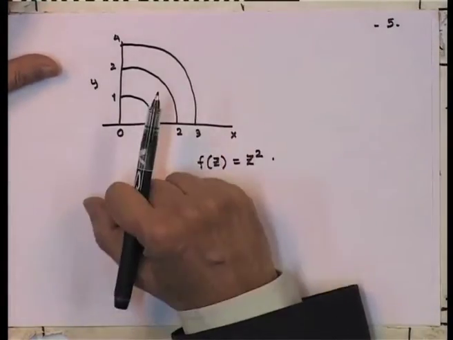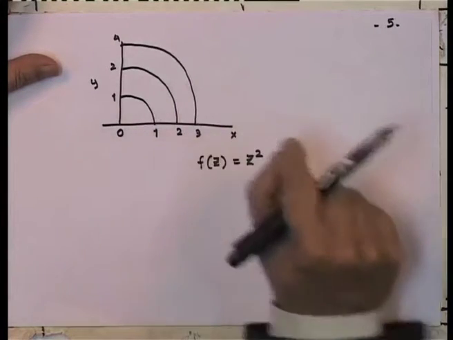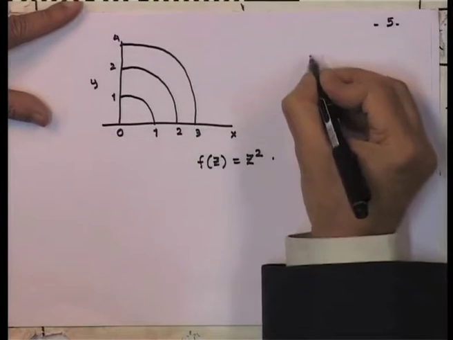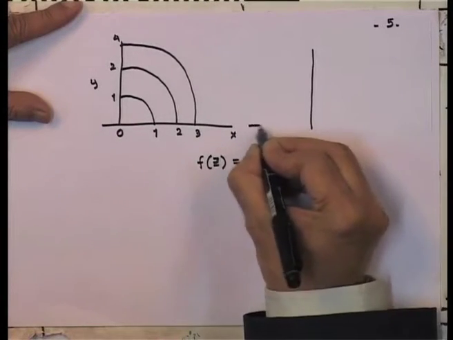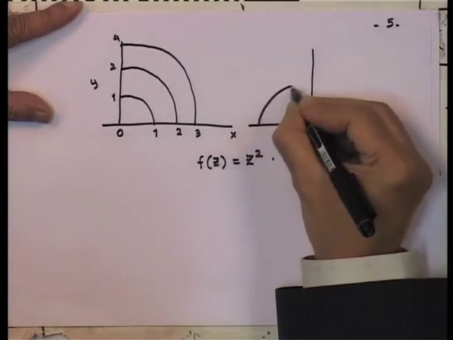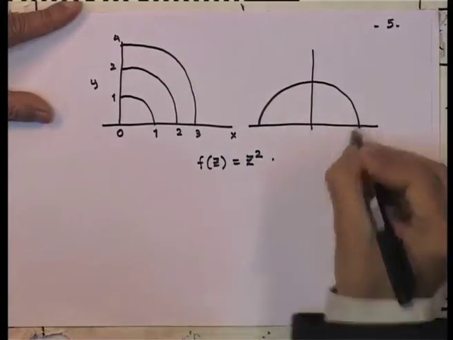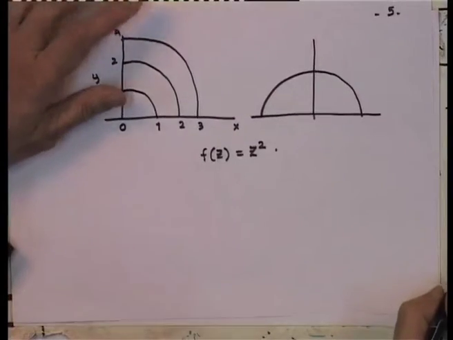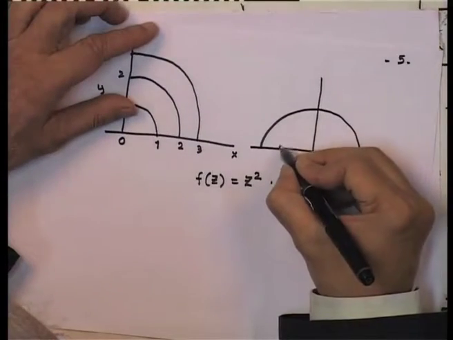But if I now do a plane like z square, it is very clear that this region will get mapped onto a region like this, and I will similarly get sequences of circles in the half plane.